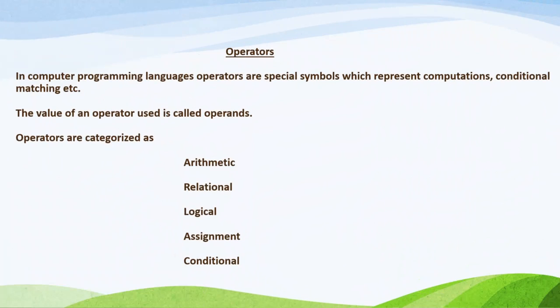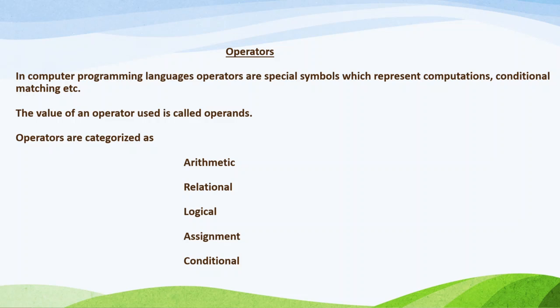Operators. In computer programming languages, operators are special symbols which represent computations, conditional matching, etc. So, operators are special symbols which are used for computations and conditional matching. As we all know, the values on which an operator acts are called operands.